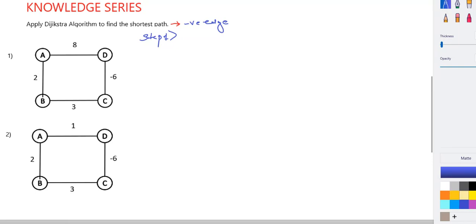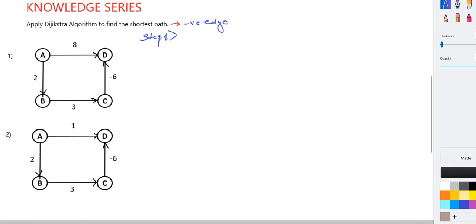Since there is no arrow over here, we will put certain arrows in this network, as you are seeing. Similarly for this one also we will put arrows in the similar fashion so that both networks appear to be similar.